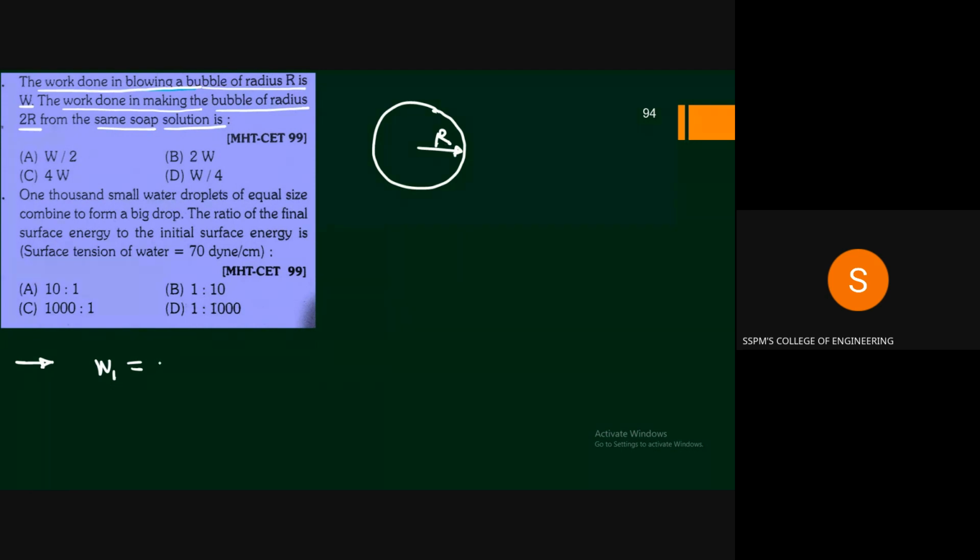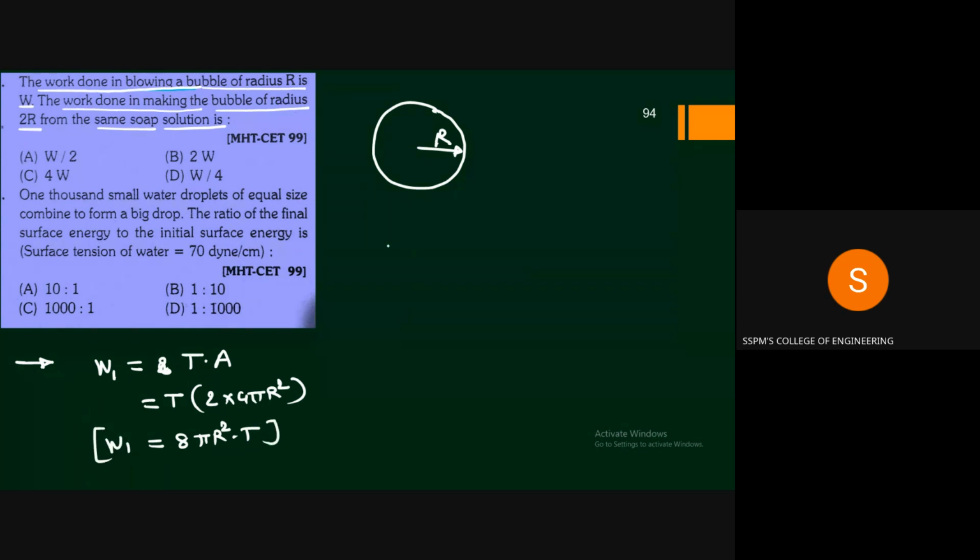The basic formula is W is equal to T into the area. T into surface area for the soap bubble, it is 2 times 4 pi r square. So here we get 8 pi r square into T. So this is the initial work done.